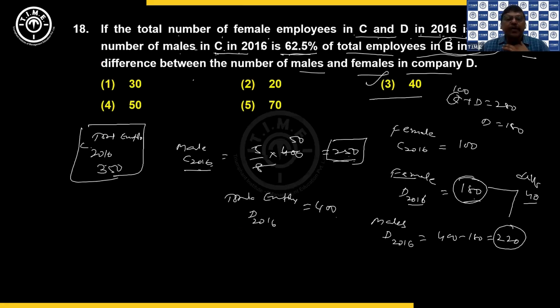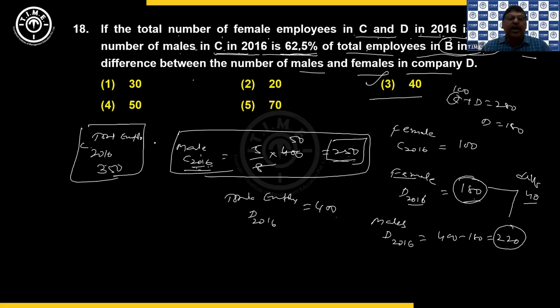Male employees of C in 2016 is 62.5% of total employees in 2020. From this data, we got male employees of 2016 in C. And we already know from the line graph the total employees of 2016. So you know the total employees of 2016, you know male employees you calculated from this condition. So then you calculated female employees.